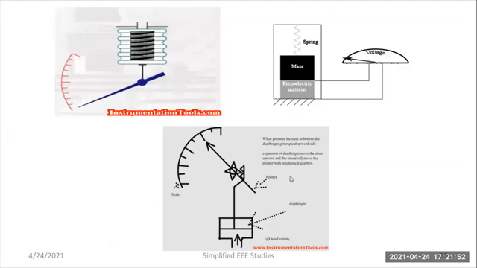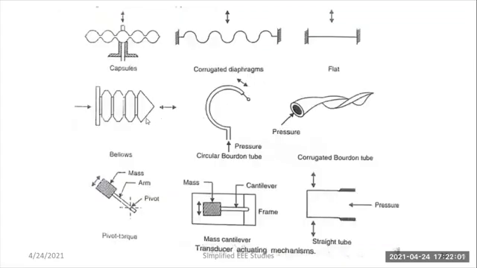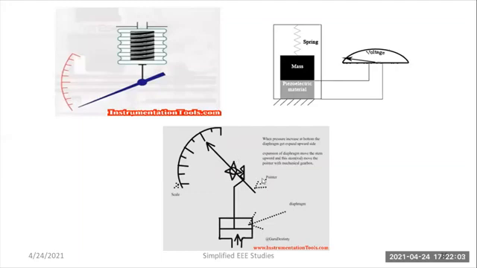Now you can look at the different diagrams of the mass cantilever. Here you can see the mass cantilever. It is very clear how the mass cantilever operates, and this is related to bellows. You can see the bellows, and the diagram I am mentioning is the diaphragm. This is related to the diaphragm.